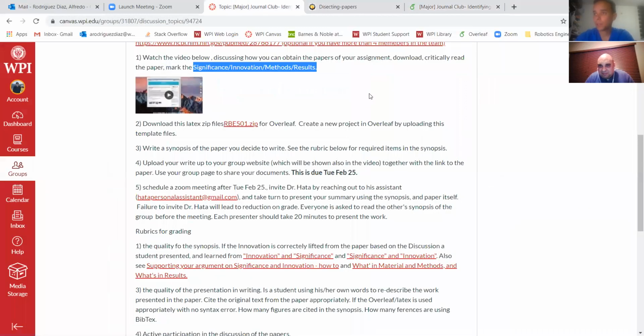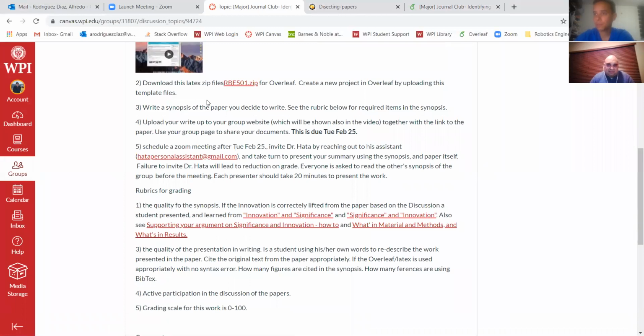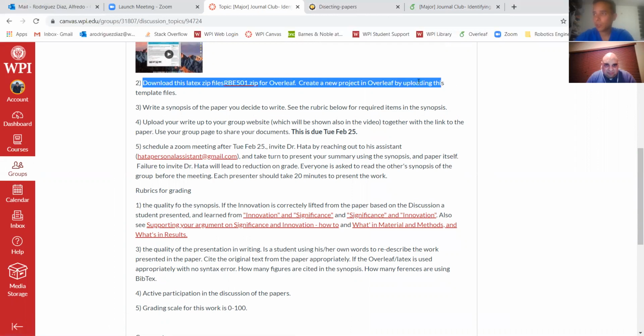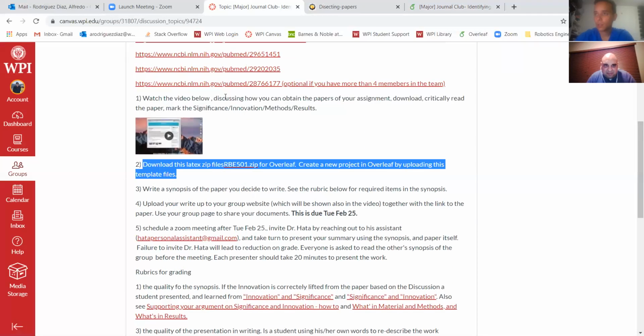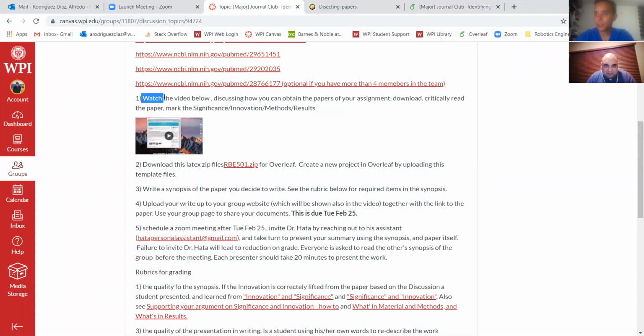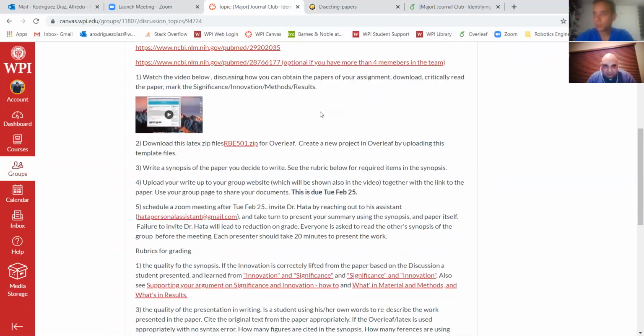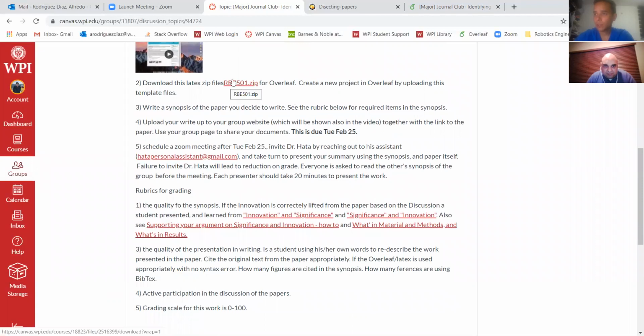Okay, so going back to the assignment, we have this in Overleaf already, a format that states what is in the first section here, which is discussing the significance, innovation, methods, and results in the synopsis. The format is here in the RBE501 zip file.